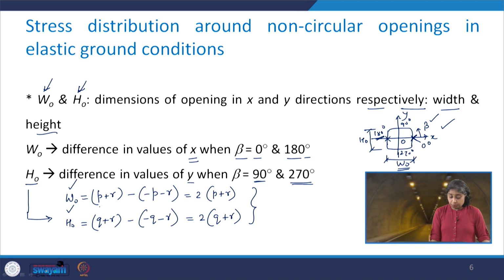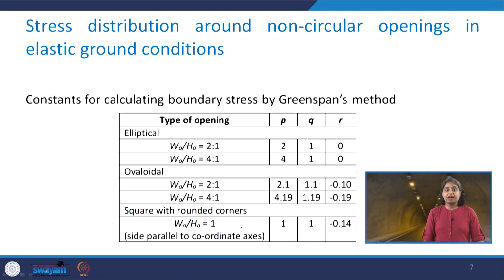Now the question comes up: what will be the values of these parameters P, Q, R? As I mentioned, a particular shape will have one set of values. The table here gives you the idea of the parameters P, Q and R for different types of opening.